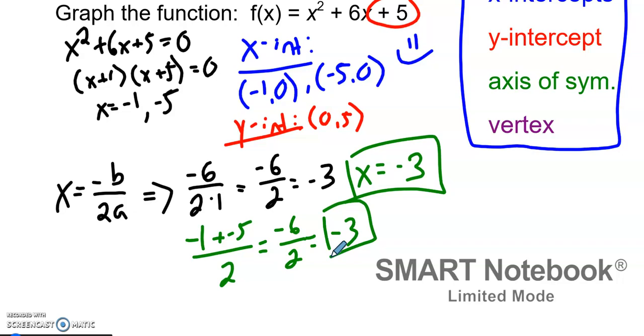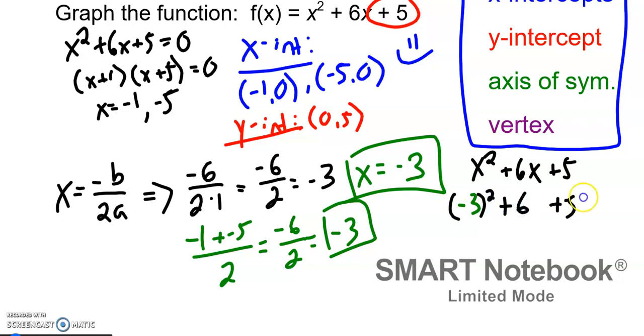So now we need to find the vertex. Well, we know the vertex has the x value of the axis of symmetry, so now we just got to plug in -3 and see what happens. So if I have x squared plus 6x plus 5, I'm going to plug in -3, so I get -3 squared plus 6 times -3.